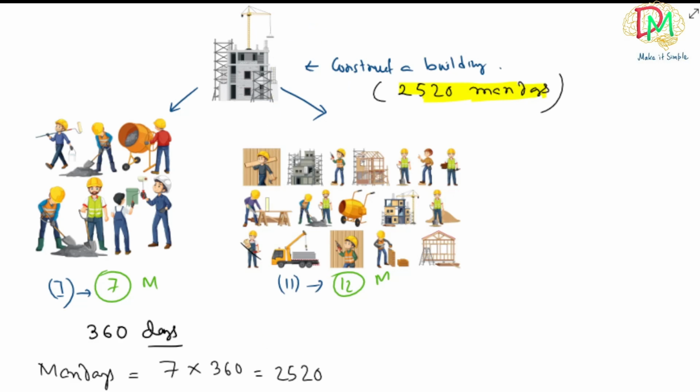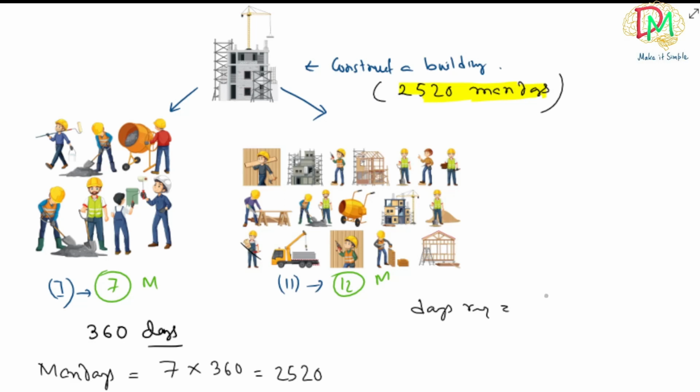So if we change the manpower, then what will happen? In the second case, how many people are working here? 12. So 12 men, in how many days can they complete constructing this building? From this man days concept, we can easily find out the days required for the second group.